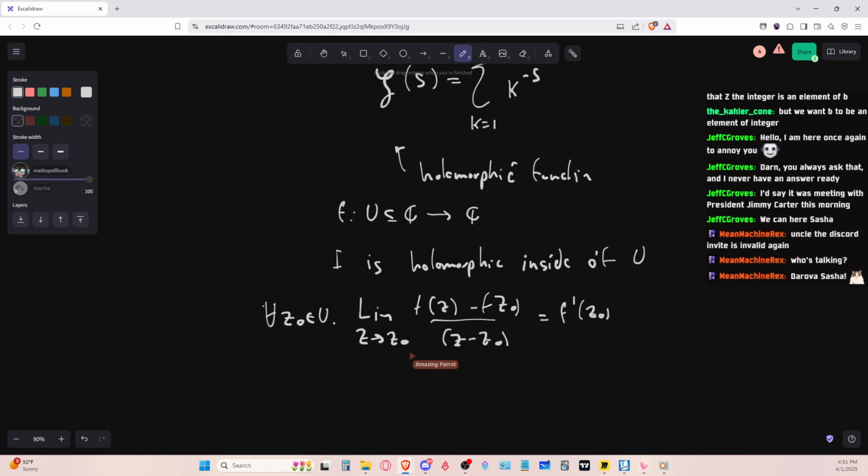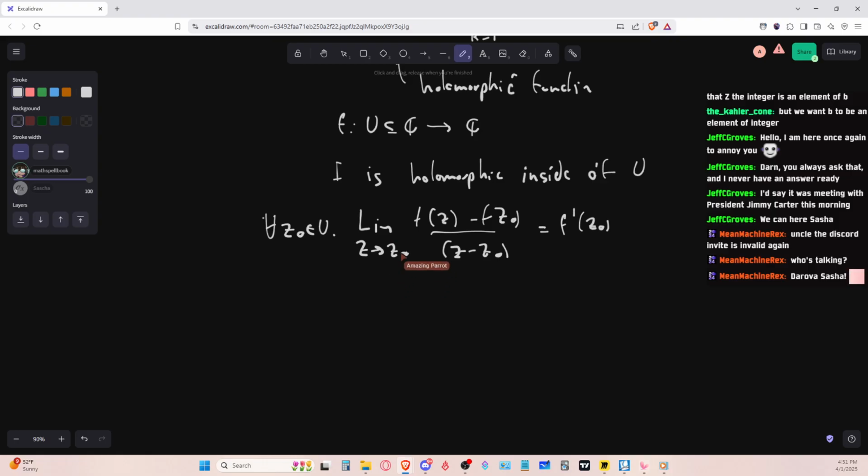Maybe I can just state it, since we're probably going to run out of time. If you have a differentiable function, nothing guarantees that the derivative will be continuous or even differentiable. For example, you can take the absolute value squared, which is differentiable, but the second derivative does not exist.